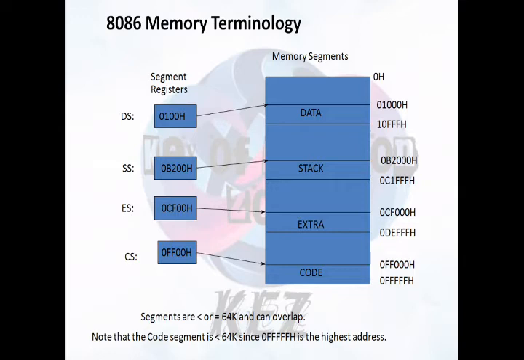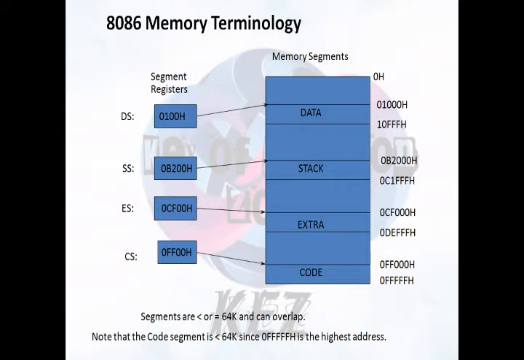Now we have several memory terminologies to remember: CS, ES, SS, DS. What is their purpose? Just follow this. The memory segment will be 0 to 10FFFFH. Already you know that in a microprocessor it is in hex format.